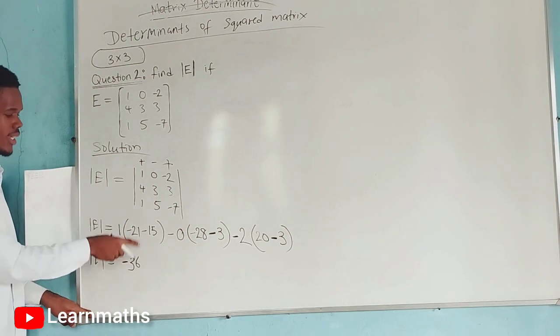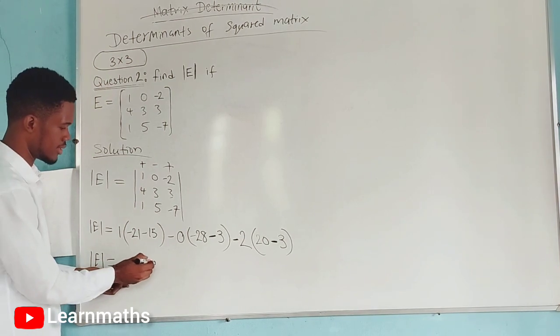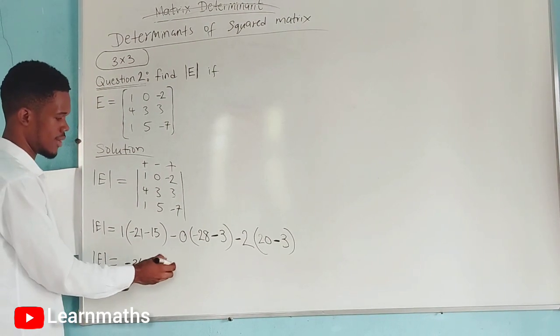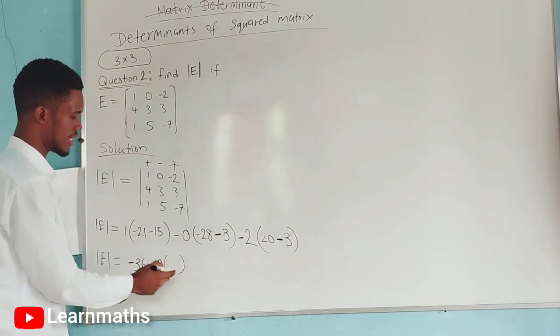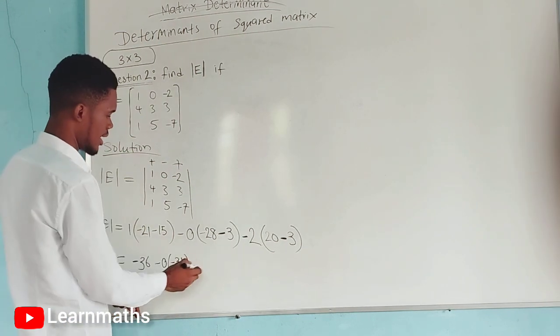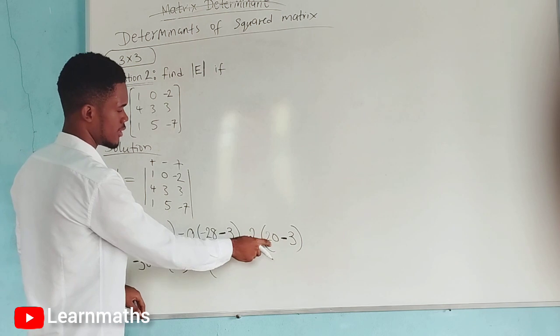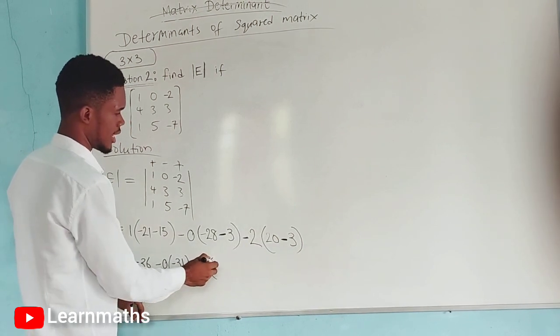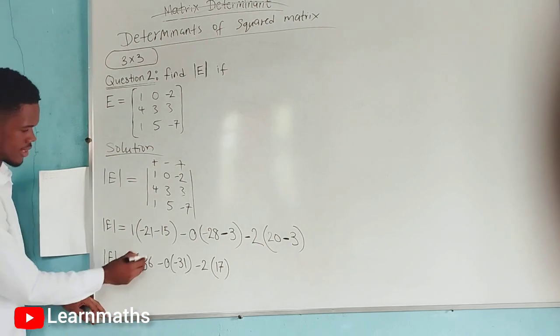So 1 times negative 36 is negative 36. We're going to have minus 0, then in brackets negative 28 minus 3, that's negative 31. Then here we have negative 2, then 20 minus 3, that's 17.